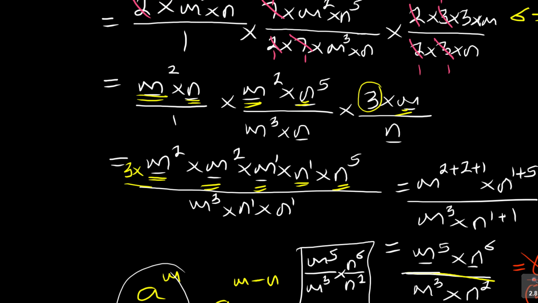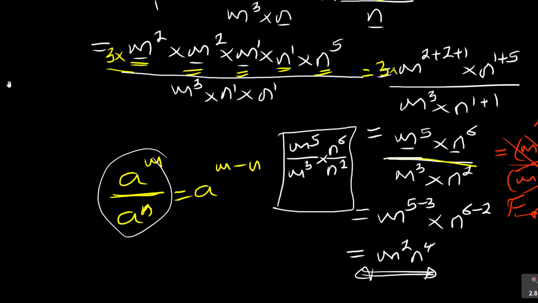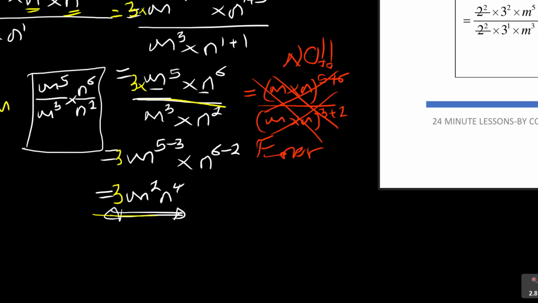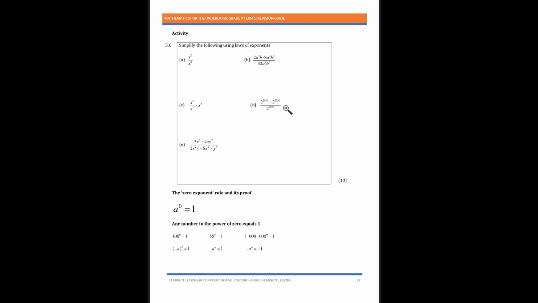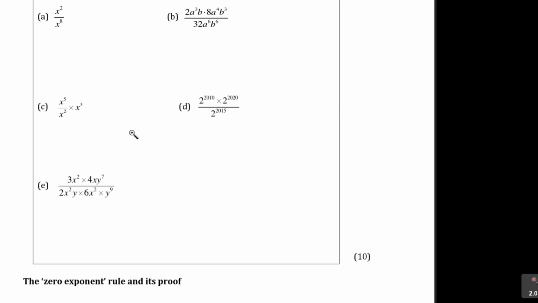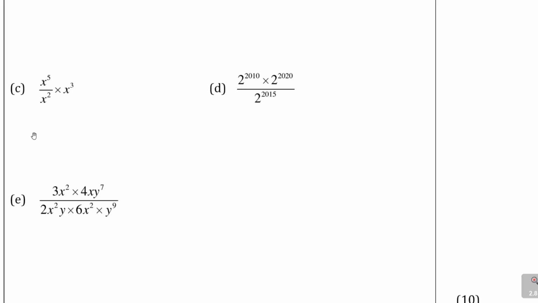So there was supposed to be a 3 in everything here, times 3 equal to, so we multiplied, 3 was appearing in everything here. So the answer became 3m squared n to the power 4. Are you with me? Now, I hope you picked up that error also, but let's finalize this work.